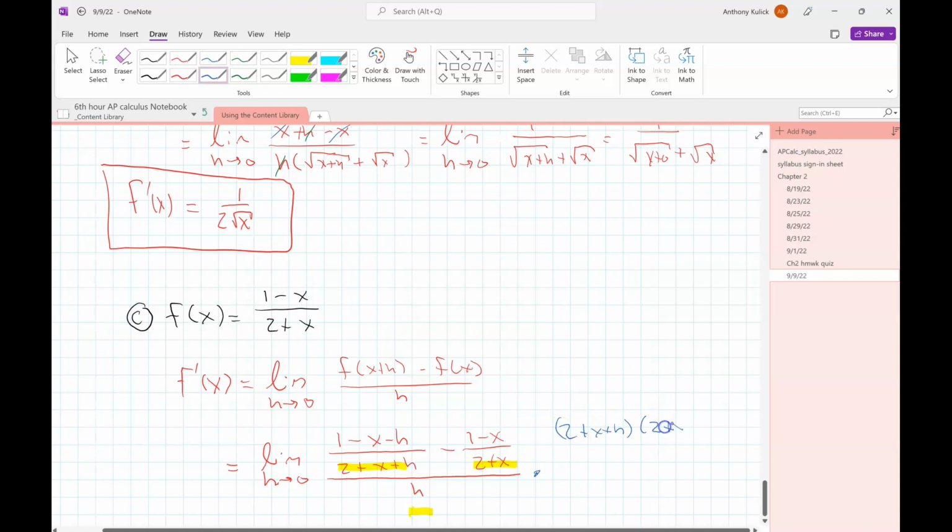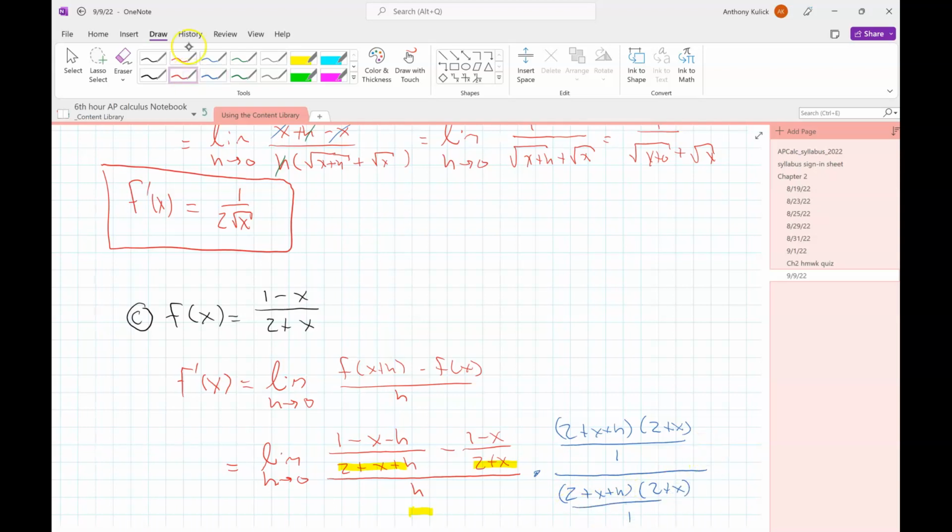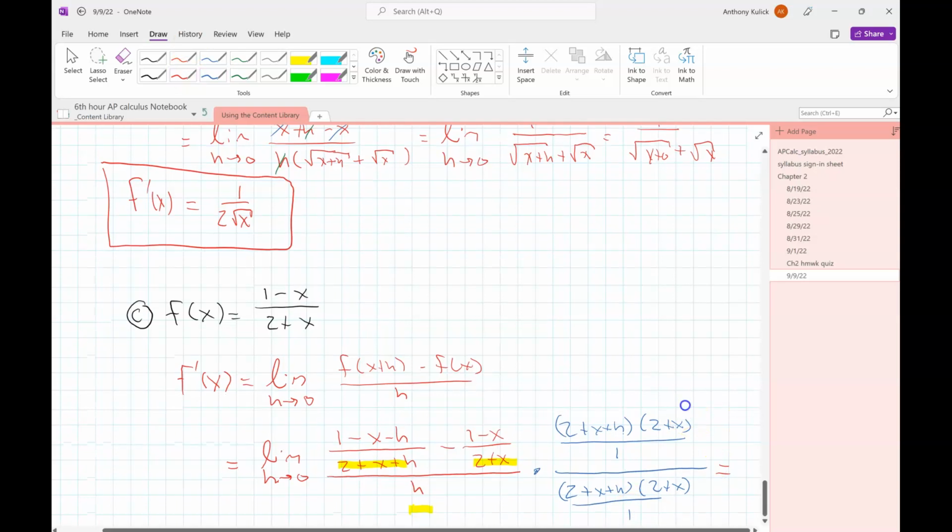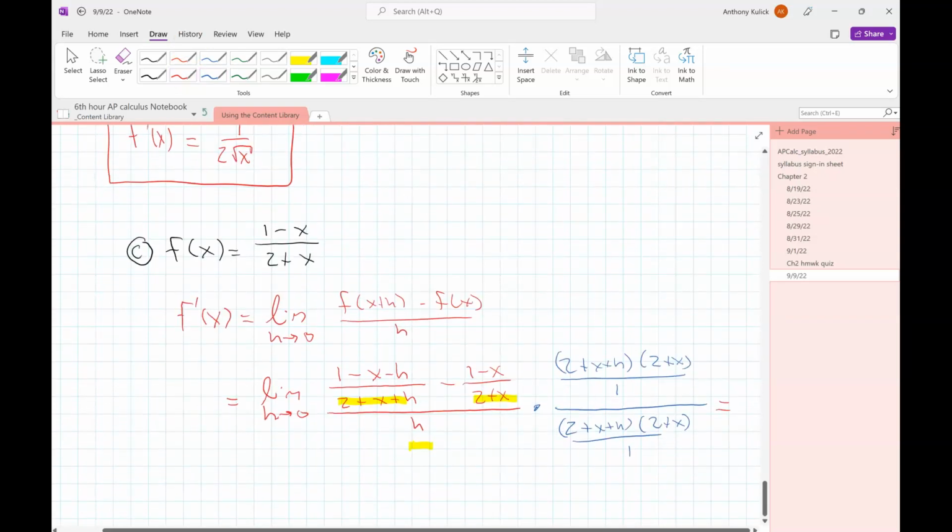And the reason I like to do that as my way to deal with the complex fraction is that it gets rid of the fractions inside of fractions the fastest, which I would rather get rid of and be gone. All right, so when this distributes to here, I notice that the 2 plus x plus h's are going to cancel.